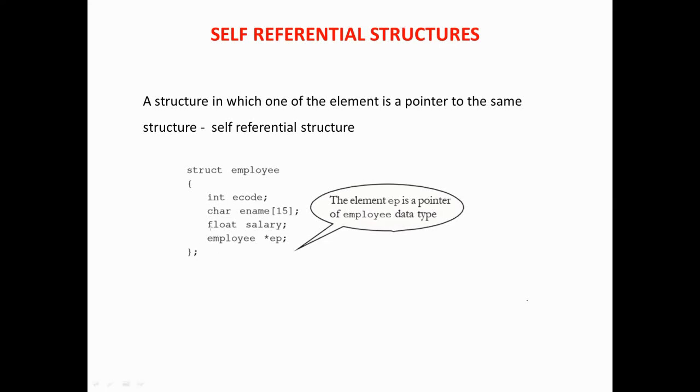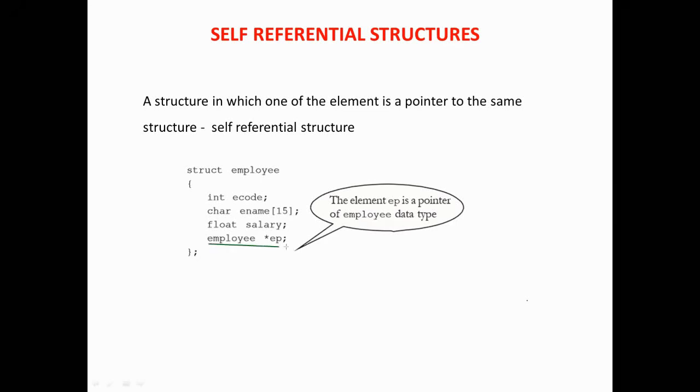Look into the line which I am underlining. Employee star EP. This star EP is a pointer variable assigned to your structure.